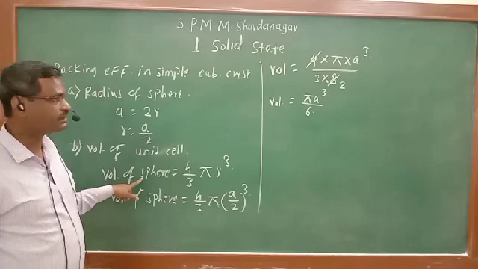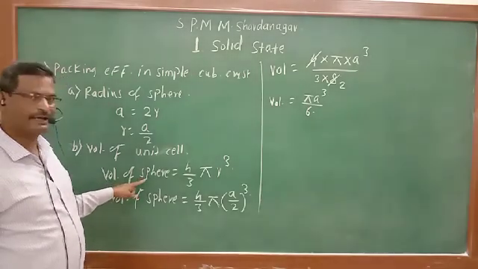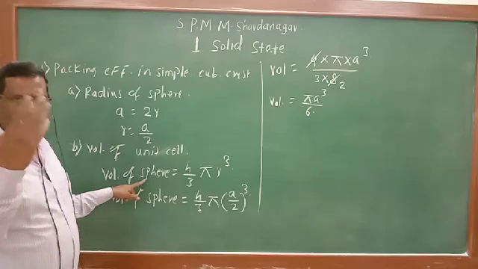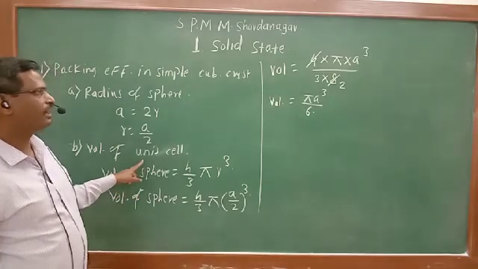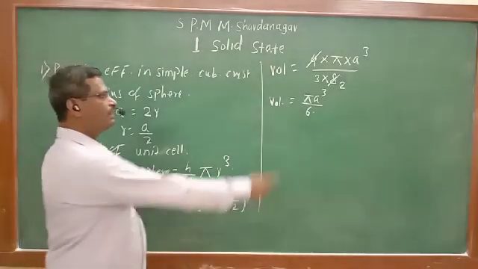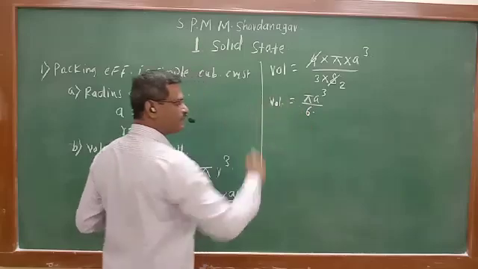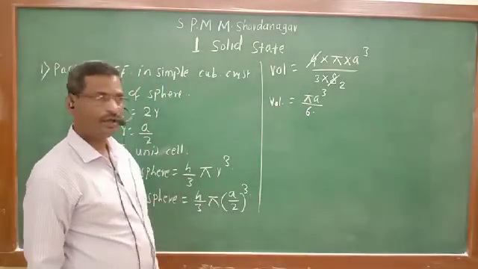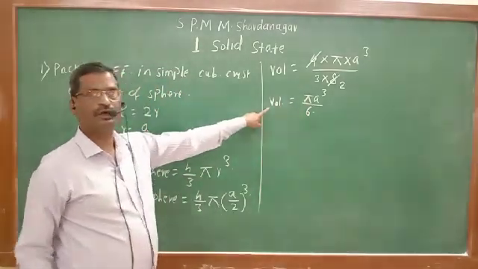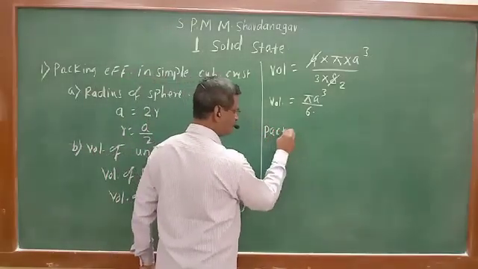Because in SCC structure only one particle is present, that is one sphere, and one sphere forms the one unit cell. Therefore volume of cell or volume of sphere is nothing but same, equal to pi a cube upon 6. And from this volume, now calculate the packing efficiency.